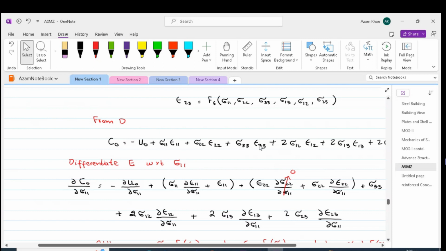So therefore, we apply the UV differentiation formula. Sorry, the fourth term has got only epsilon 22 dependent on sigma 11.